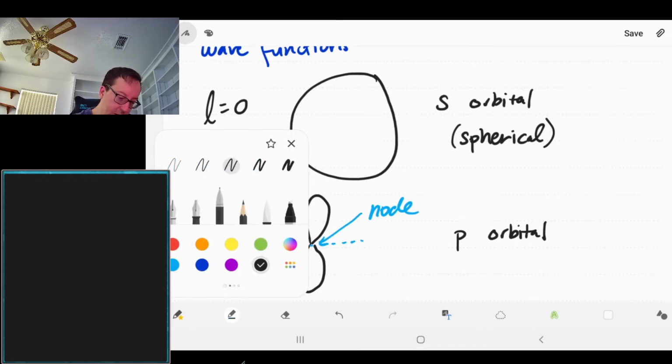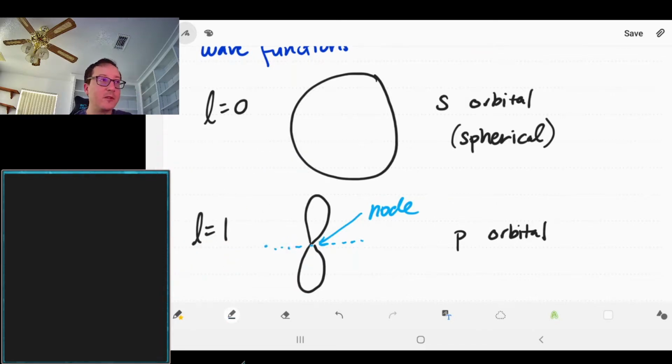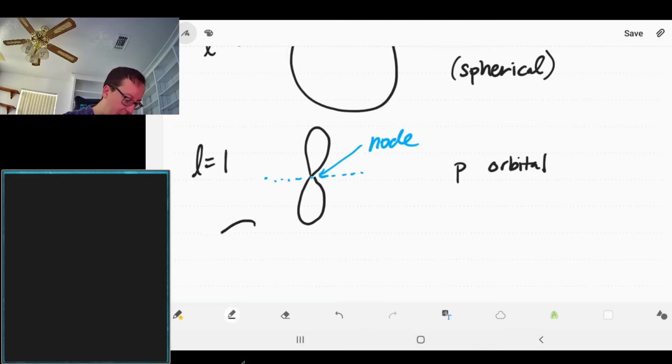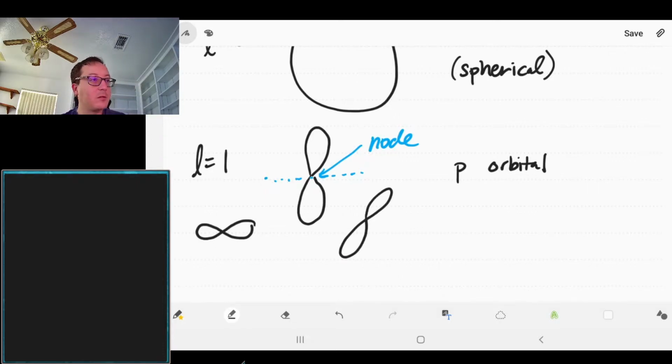What's interesting, though, is with the spherical orbitals, we just have one because it is just a sphere. We're going to see, though, with the p orbitals, we can actually have different orientations of them. We can have p orbitals that are completely horizontal, and then ones that are going in and out.